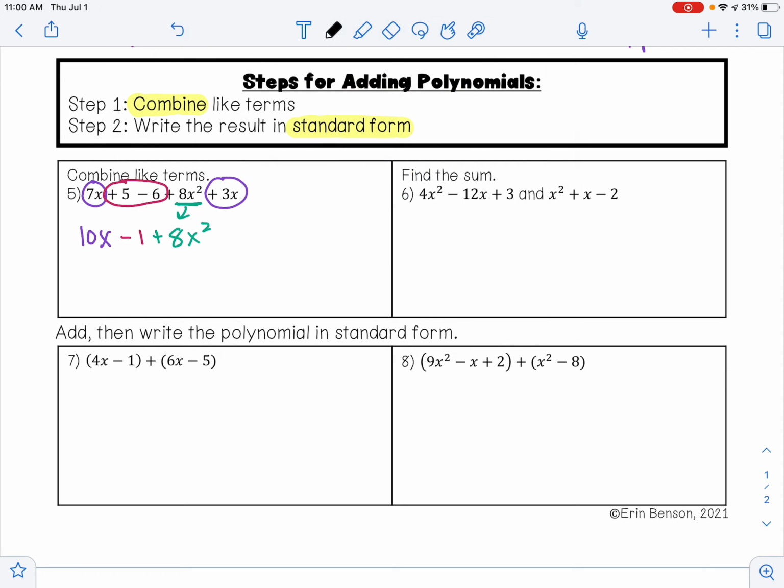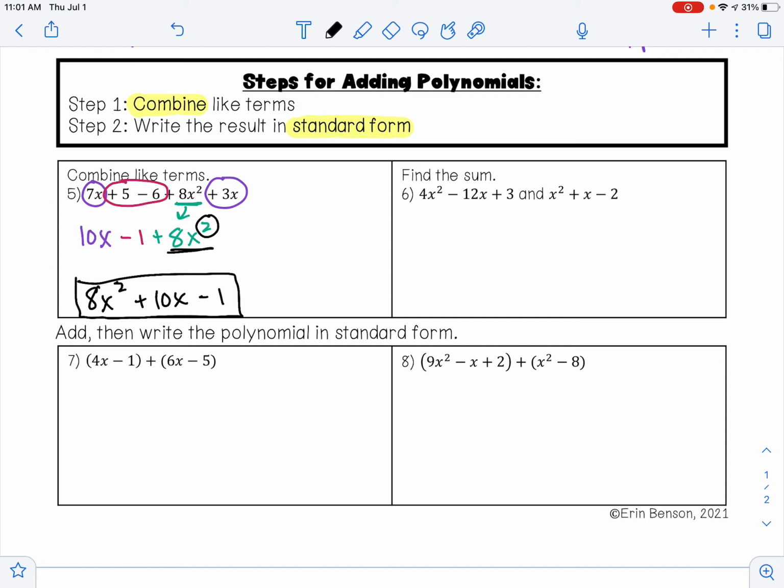So our highest exponent goes first. The highest exponent I have is 2. So the term 8x squared will come first. Then 10x and negative 1. So our answer in standard form is 8x squared plus 10x minus 1.